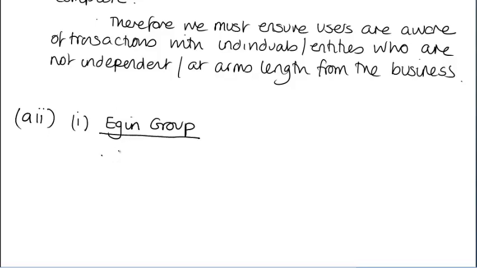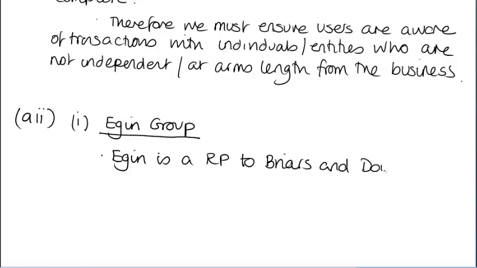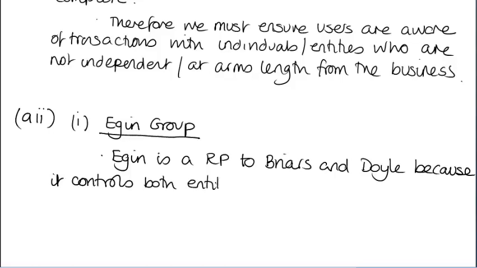And I would start off by saying that Egin is a related party to Briars and Doyle because it controls both entities.